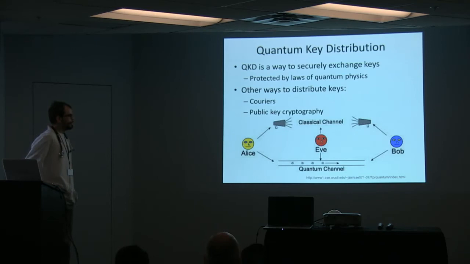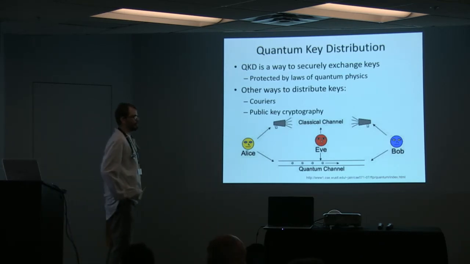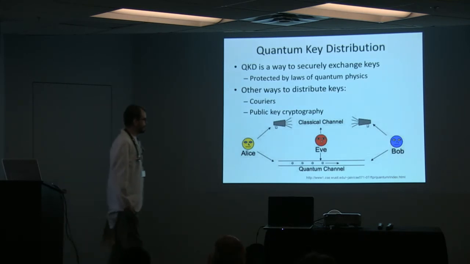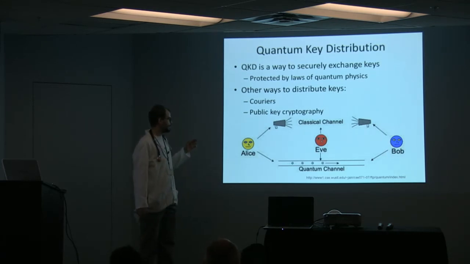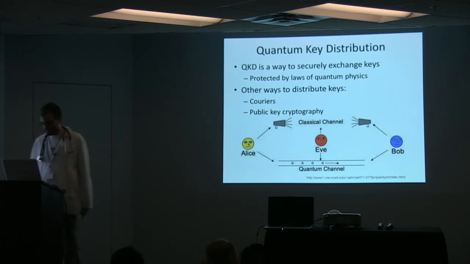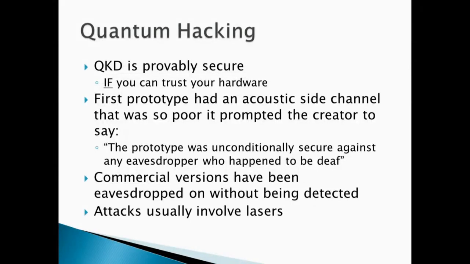So that means if you were just trying to use it in regular mode without encrypting the classical channel, you would have lots of problems if there was some kind of side-channel attack against the quantum key distribution hardware. I'm not really going to go into it because it's hard to explain too much, but I just want to say that there are attacks against it.